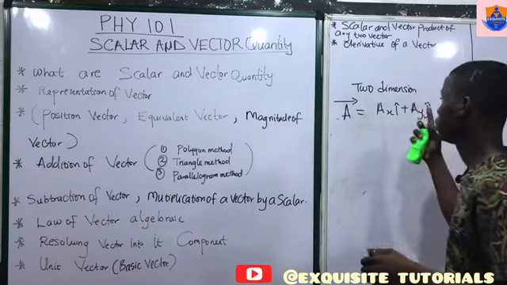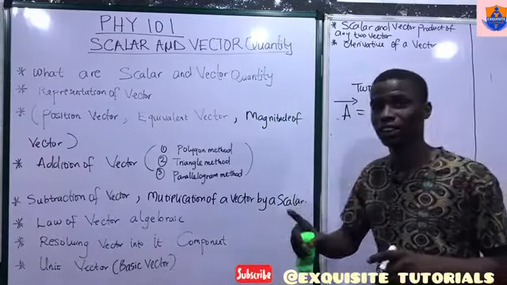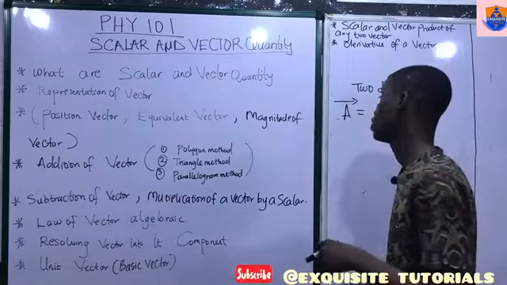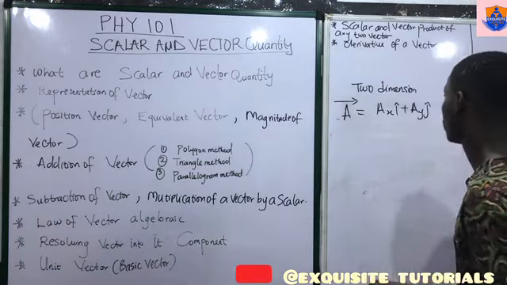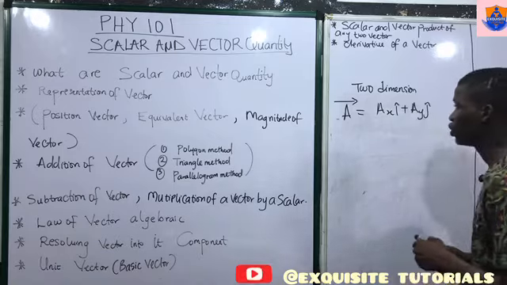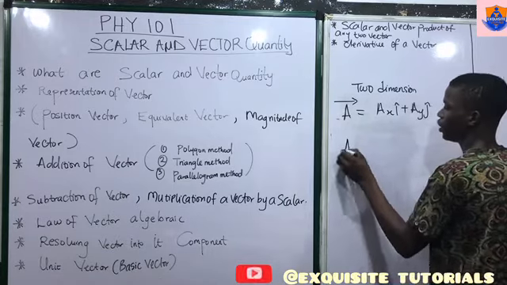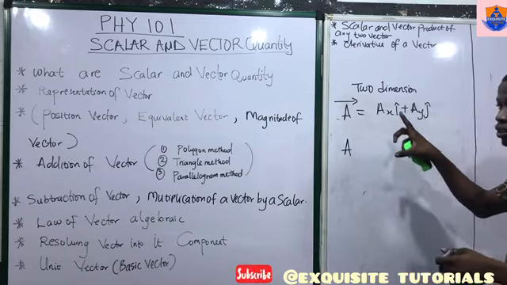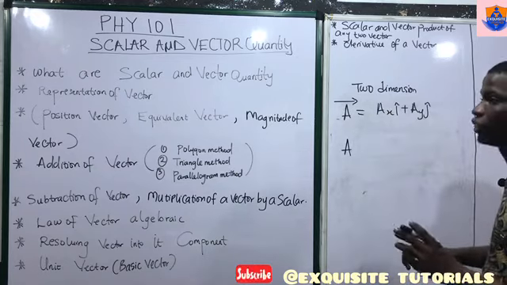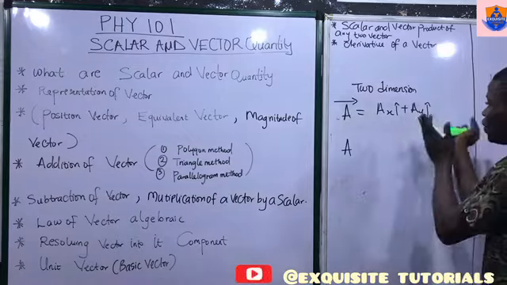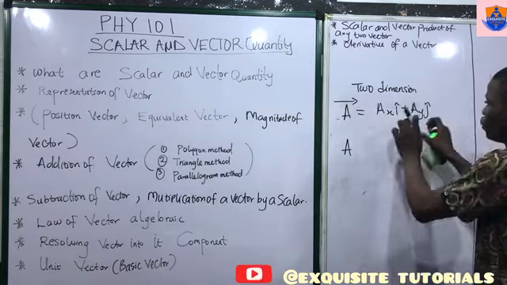This i and j, remember, is trying to tell you that it is either the vertical component or the horizontal component. The i is the horizontal component. The j is the vertical component. The magnitude of this vector A, remember I told you, is the scalar part of any vector. Its length is the total value of this vector.